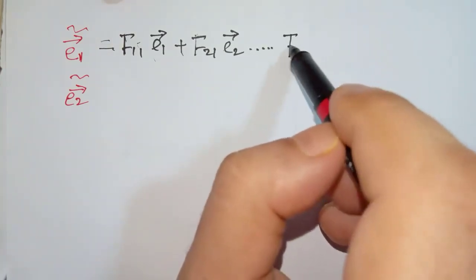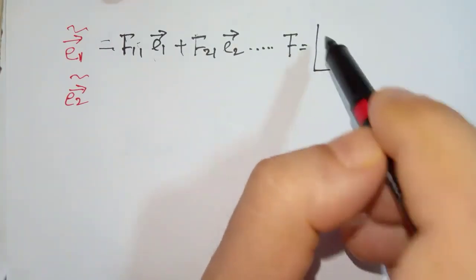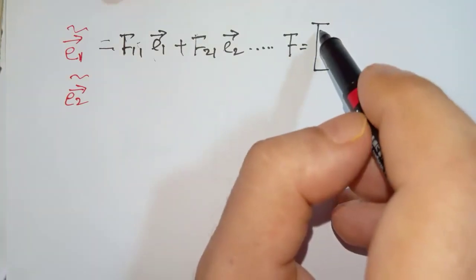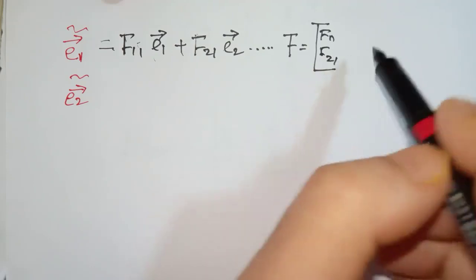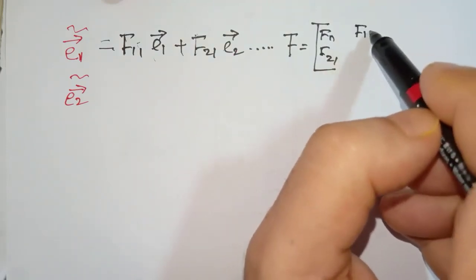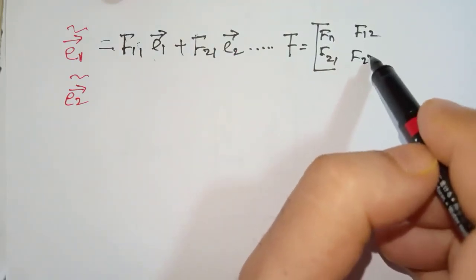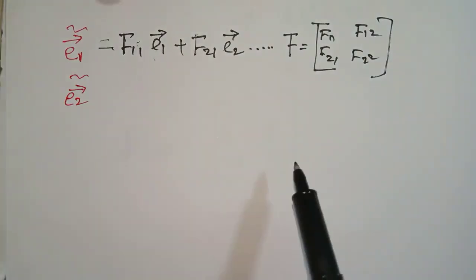If I take it in matrix form, it would be F11, then F21, then F12 and F22. This would be forming the matrix, right?